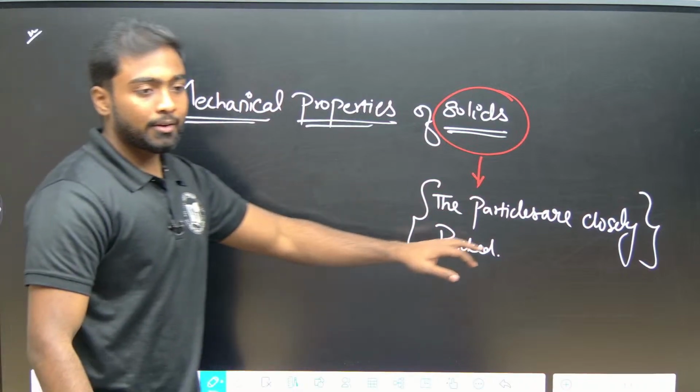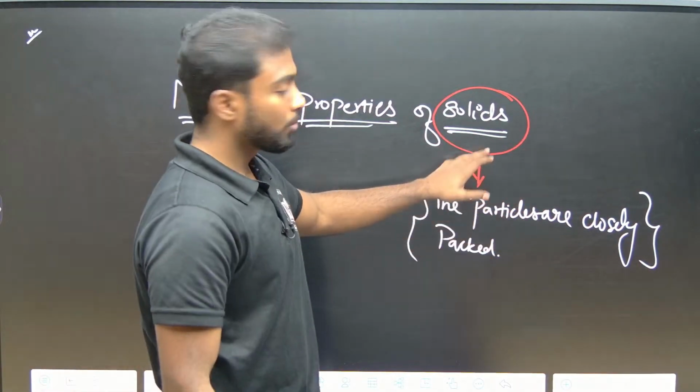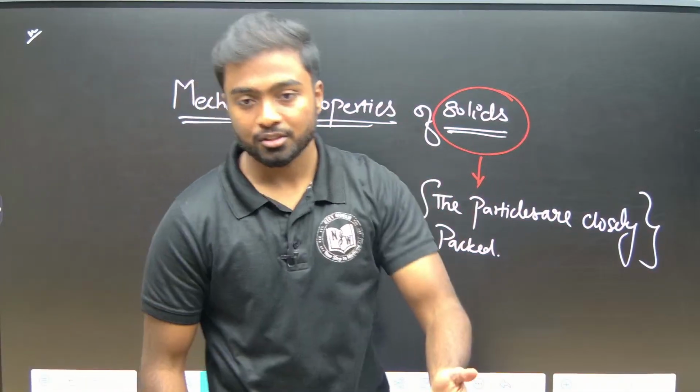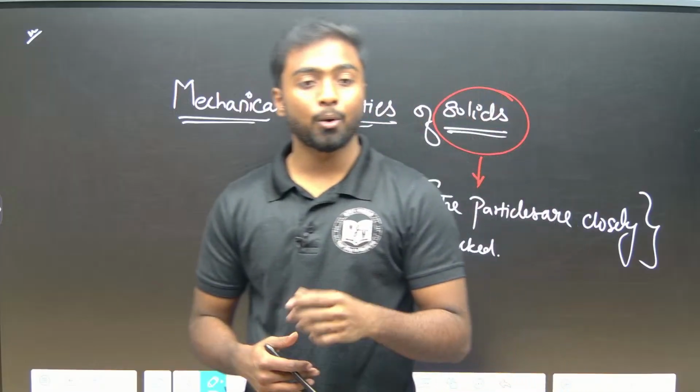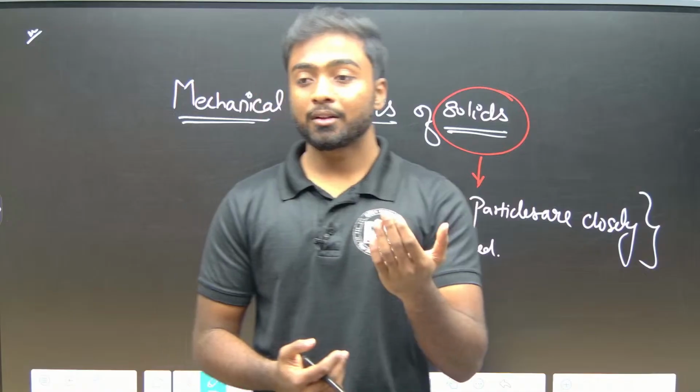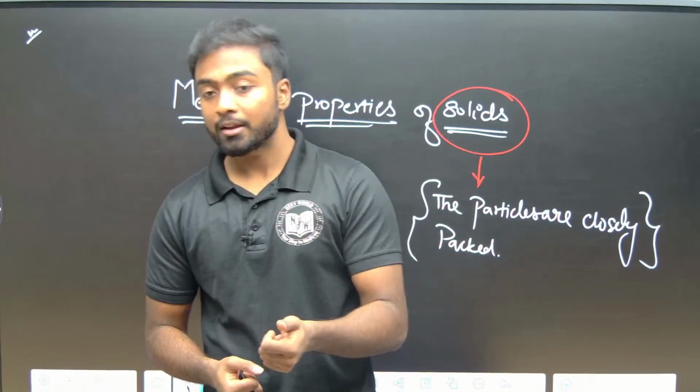So in this lesson we are going to discuss the properties, like stress and strain, what is the difference between stress and strain, and the different types of stress and strain.